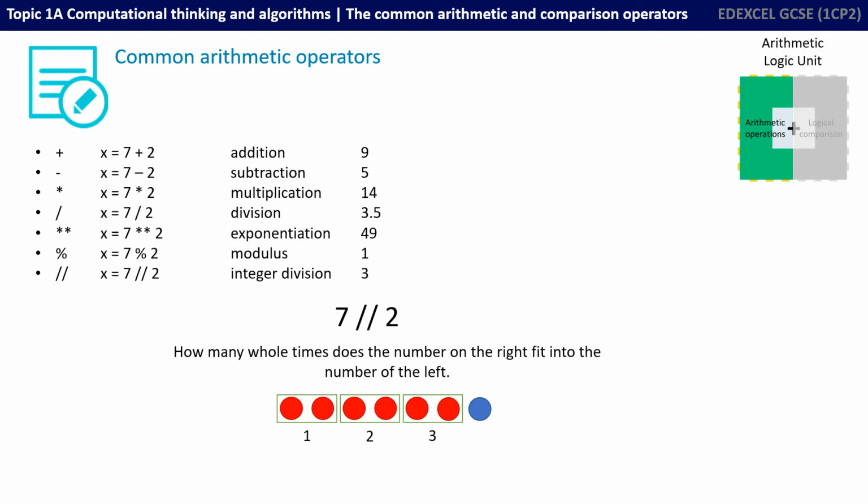As we can see from the previous example, the number on the right, 2, fits 3 whole times into the number on the left. So 7 div 2 is 3. Now that's important. Integer division is very different from normal division. With normal division, 7 divided by 2 is 3.5. With integer division, using whole numbers, 7 div 2 is 3.